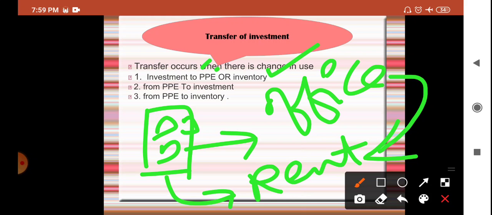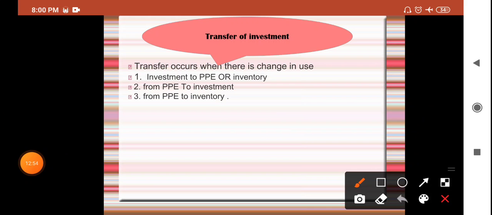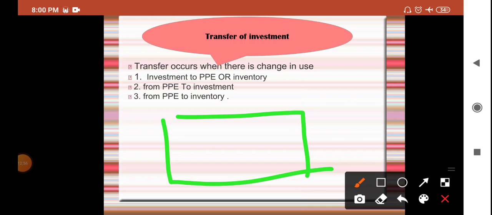Or I can transfer from property, plant and equipment to investment property. How? For example, I have a building, so this is a factory. I want to convert this factory into an investment property.